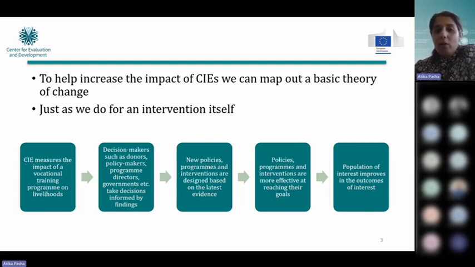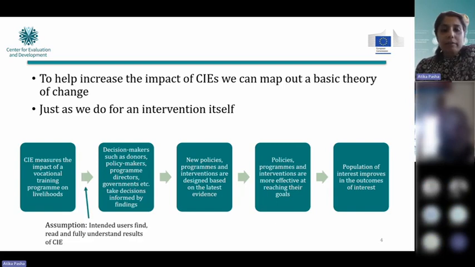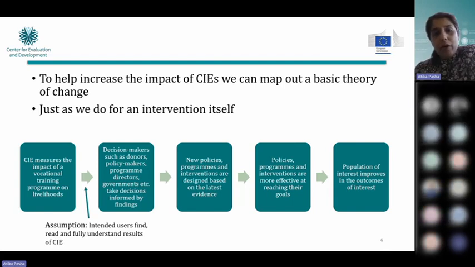Effectively, our end goal is that the population of interest is improving in terms of the outcomes of interest. And our outcomes are, of course, as we repeated several times, resilience, empowerment, livelihoods. And these improvements are what we are aiming towards slowly, right? However, through this training, we've been trying to just work on this aspect of your theory of change.